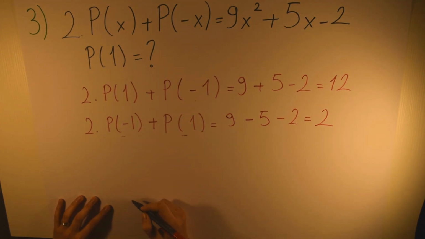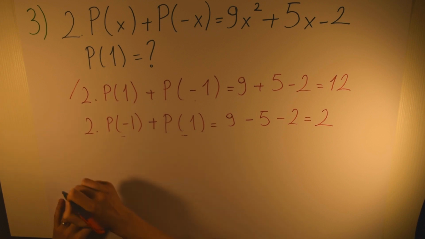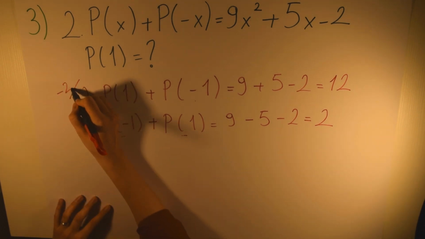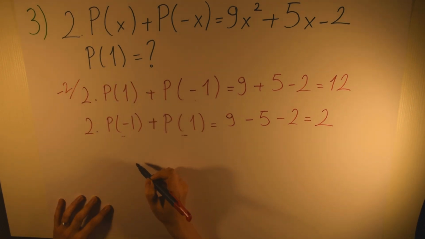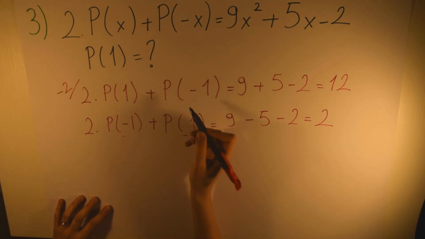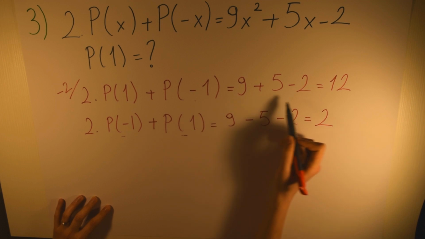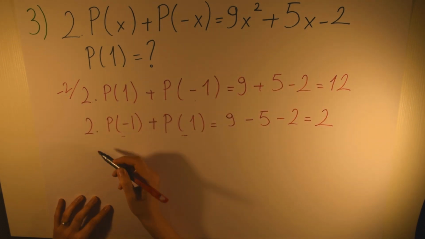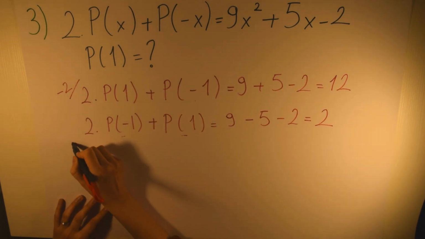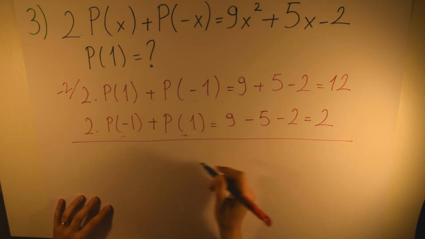Okay, if I multiply this part by -2, why? Because I want to get rid of this P(-1). So if I multiply this equation by -2, I can get rid of this P(-1). So let's do that.